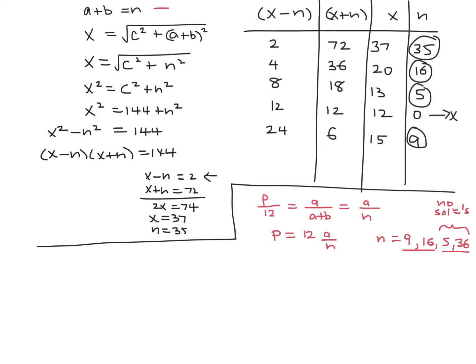Okay, so if N is 9, what do we have? If N equals 9, then P is equal to 12 over 9 times A. Now we want A and B to be integers. So the way you can get A to be an integer is if A is 3, or if A is equal to 6. If that's the case, then the P value would be 4, and the B value would be 6.